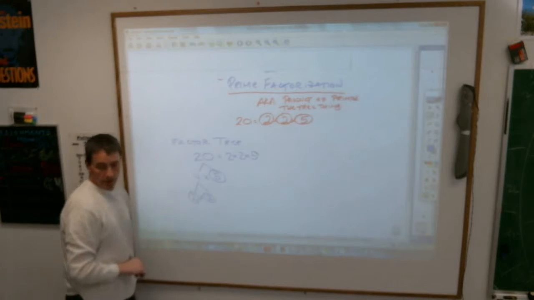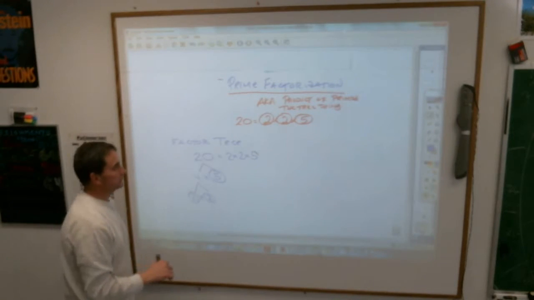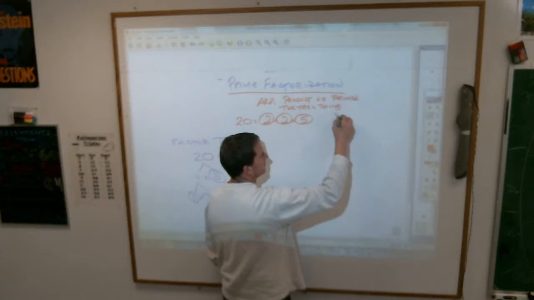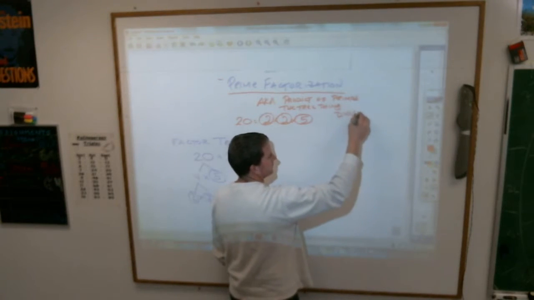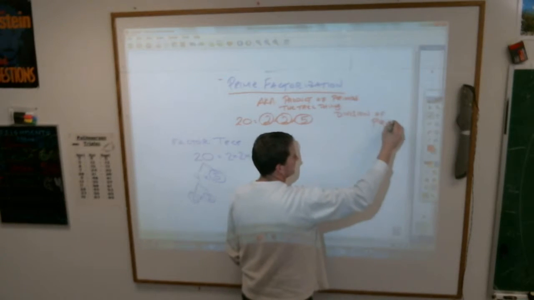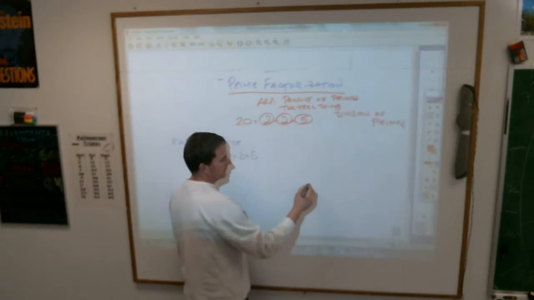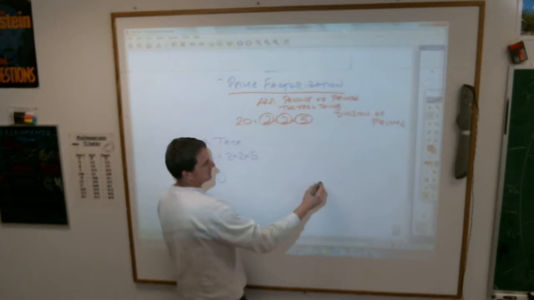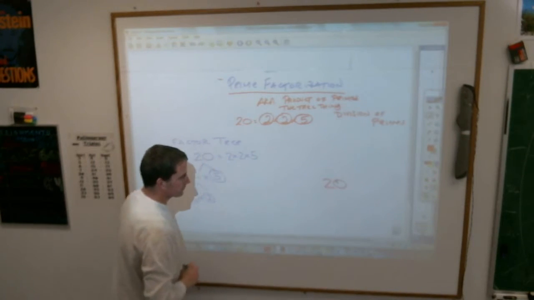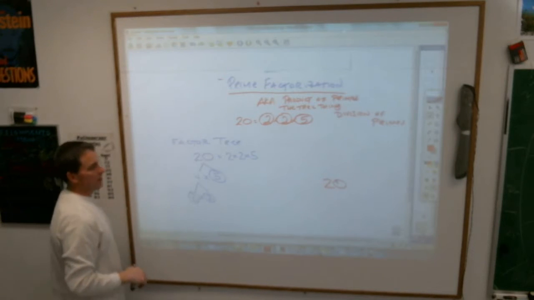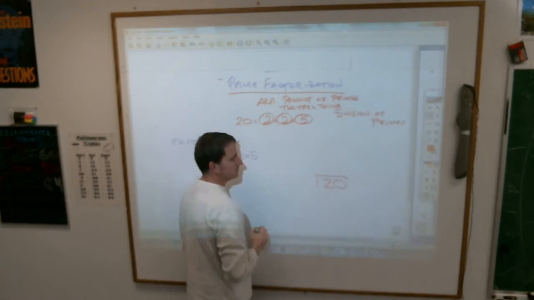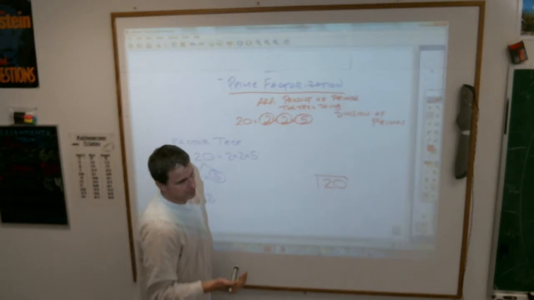Another way to do it is by division of primes. Just like it says, it's a dividing problem. You always want to divide by a prime number. What's a prime number that goes into 20?